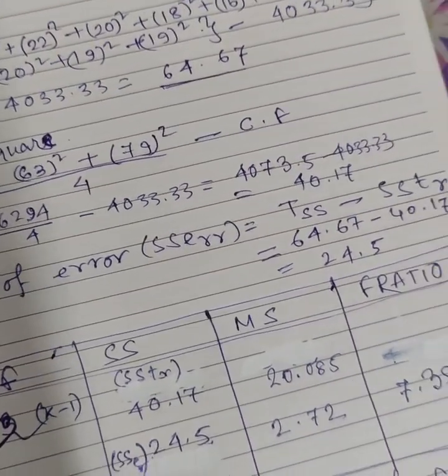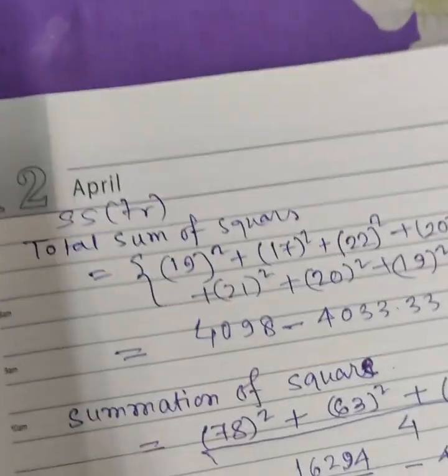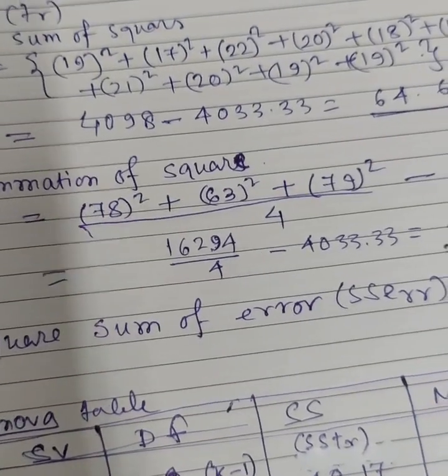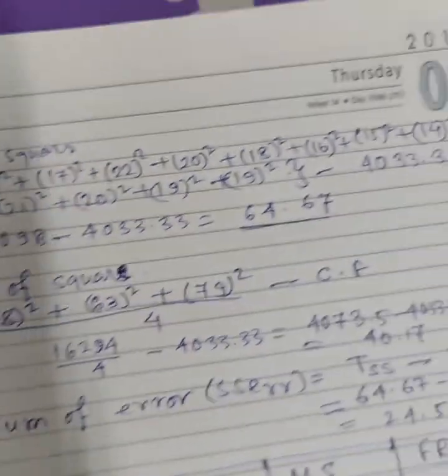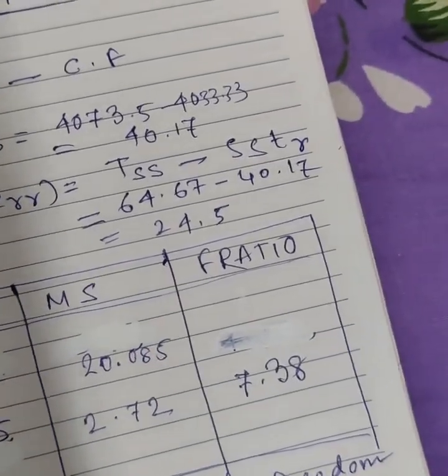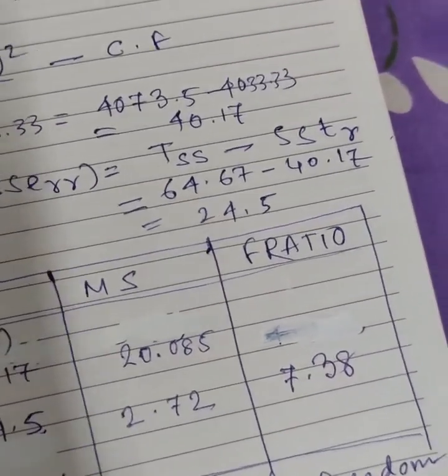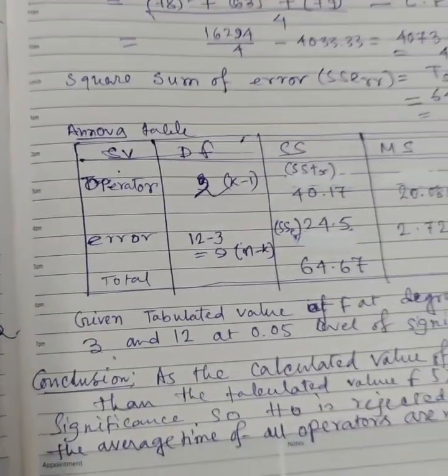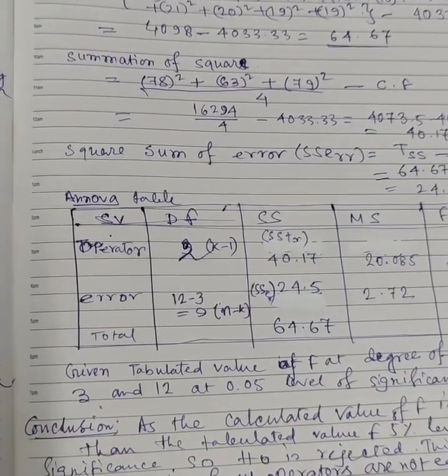Now the sum of squares of error. What is the error? SSTR minus the summation of squares. Because SSTR is 64.67, the error is 64.67 minus 14, that is 24.5. Now we put all the values in the ANOVA table one by one.